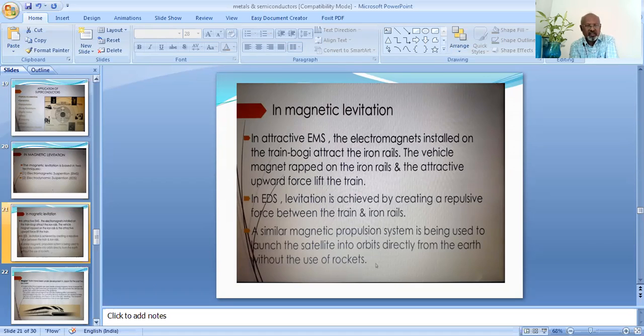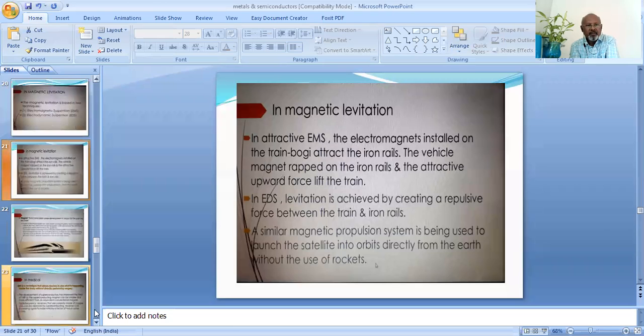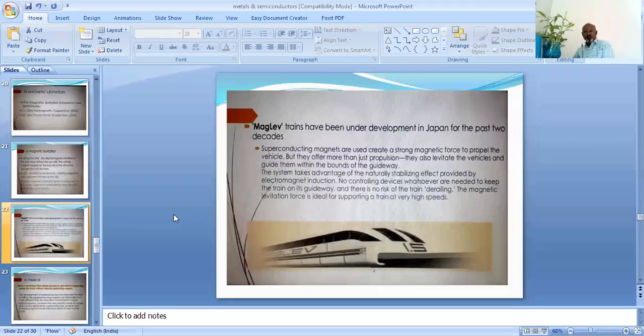So using superconductors, one can send the satellite into space.